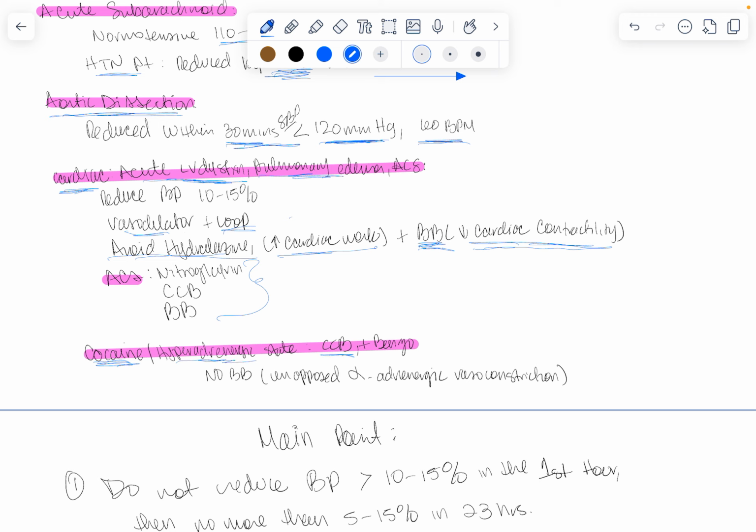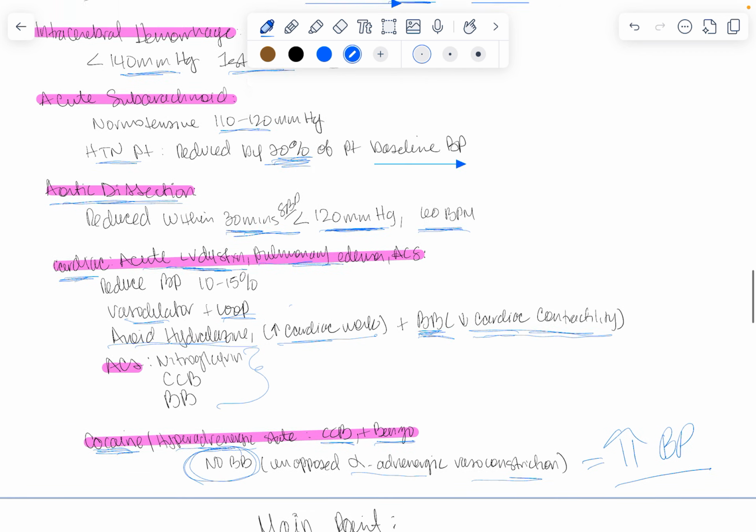Use a calcium channel blocker and use a benzo. Do not use a beta blocker, okay? Because it will cause unopposed alpha adrenergic vasoconstriction, which basically means worsening their blood pressure. So do not use a beta blocker, okay?